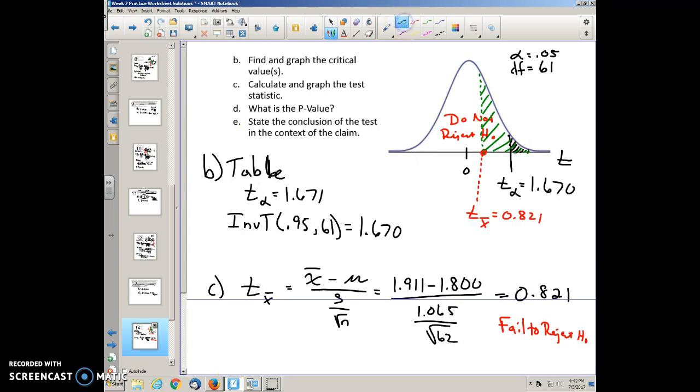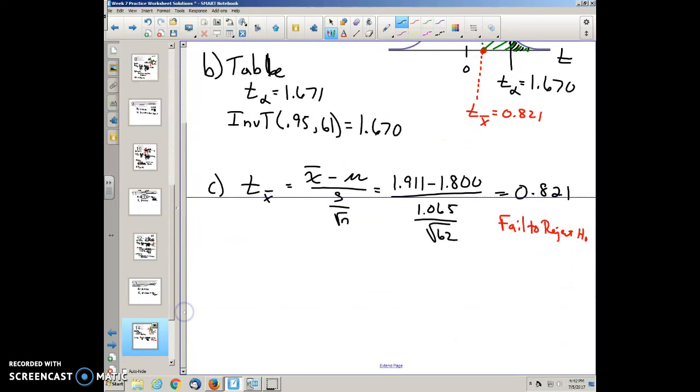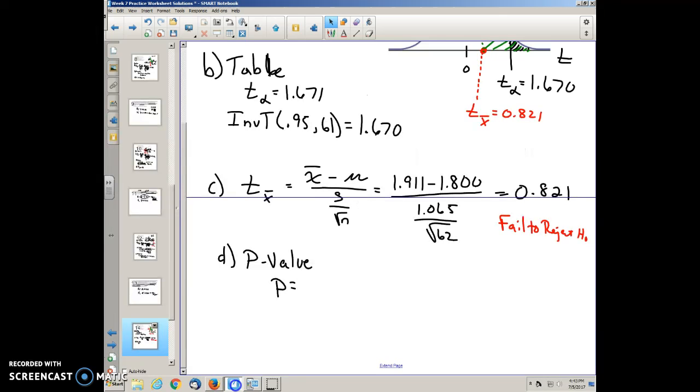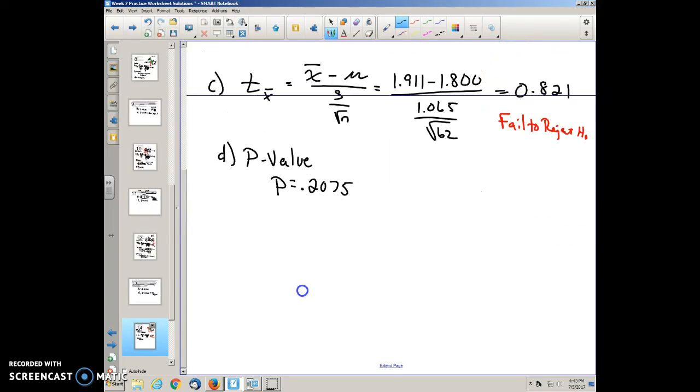Notice it gave you the test statistic value too. So for D, p-value, p equals 0.2075. So that's the easiest way to determine the p-value when you're working in the t distribution.